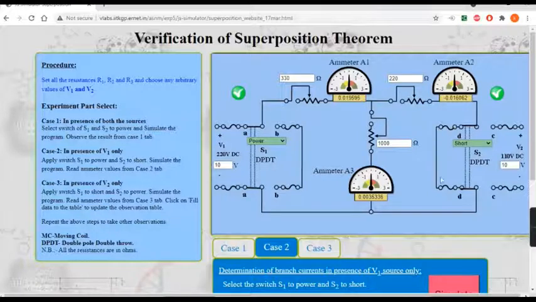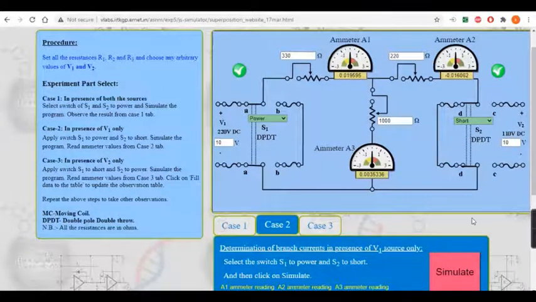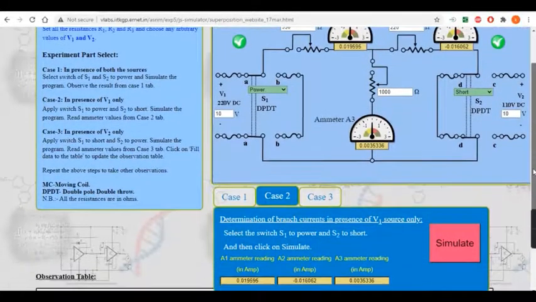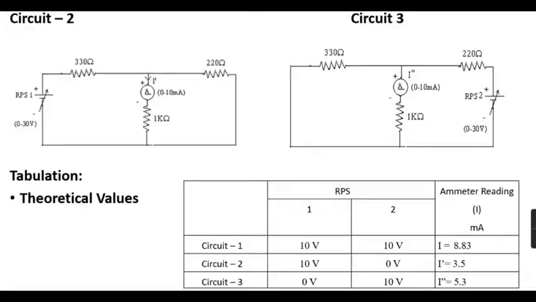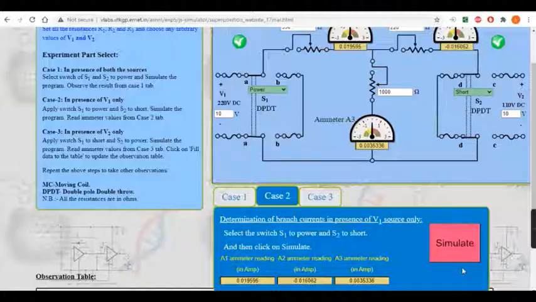See, this switch is connected to the short circuit terminal. If you note down the reading for the second case, we get 3.5 milliampere. So for the second case, RPS 2 is short circuited and RPS 1 is 10 volt. Theoretically, we have got 3.5 milliampere.